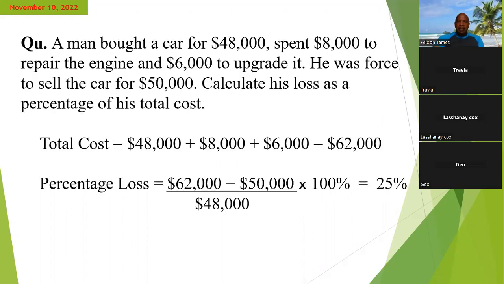All right, but if we simplify this, I think you should be able to simplify this. I don't think I would have to go through the process of doing the calculation. Should I? Is the calculation straightforward for you guys? Sir, you can work it out. Let us do it. So we have 62,000 minus 50 would give you how much?